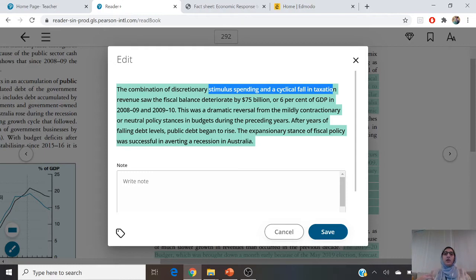And also to stimulate spending, so to increase spending as well. And that's when we saw a fall of $75 billion, or 6% of GDP, basically spent for the people. This was a dramatic reversal of the mildly contractionary or neutral stance that the government had been implementing over the years, because this was expansionary, right?